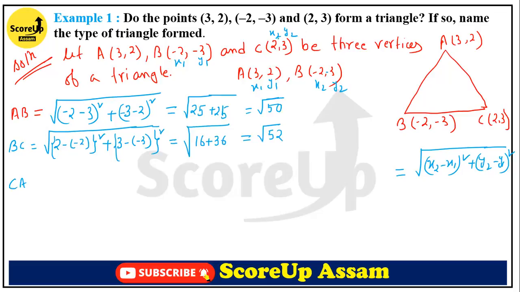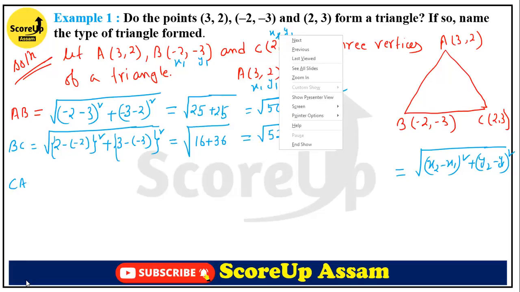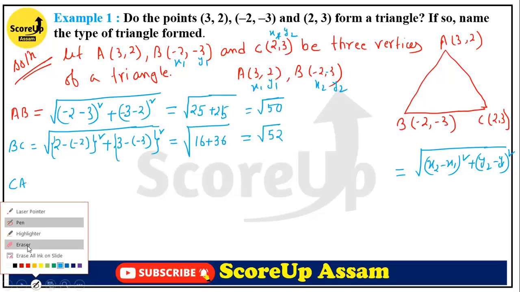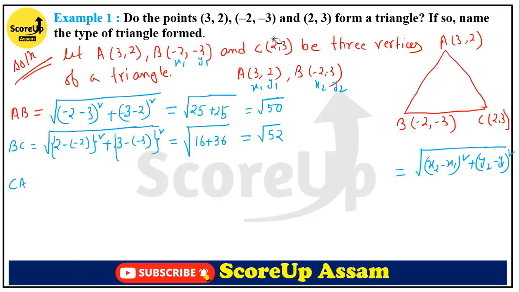In case of CA, this 2 will be our x1, 3 will be y1, this 3 will be x2, and this 2 will be y2.